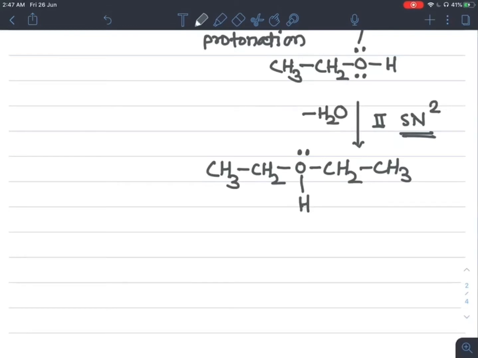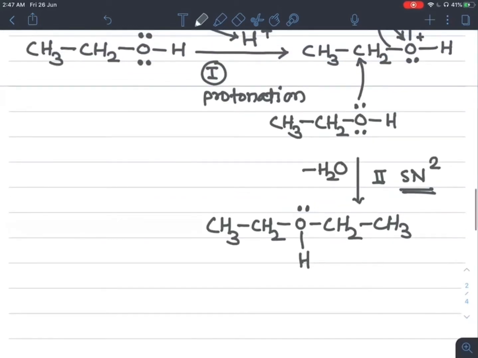Now what happened? Again, due to donation of this pair of electrons to this carbon, oxygen acquires a positive charge. Again this oxygen becomes unstable, and to gain stability, the electrons bonded with hydrogen are attracted towards oxygen and the bond breaks heterolytically.